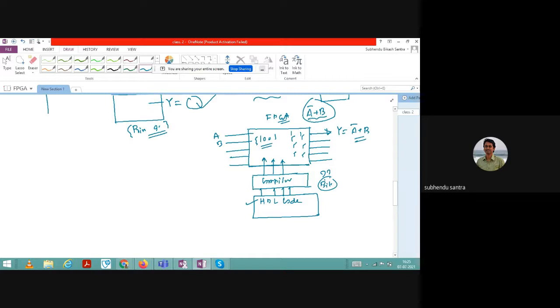So A bar plus B, if I design the circuit, it is like this. Let us say this is your A bar, and we have A bar plus B, that means this kind of gate. This circuit you are seeing here, you already know based on your knowledge, because the function is quite simple, but in a practical scenario the function may not be simple, it will be difficult. In this example it is a NOT gate and an OR gate.